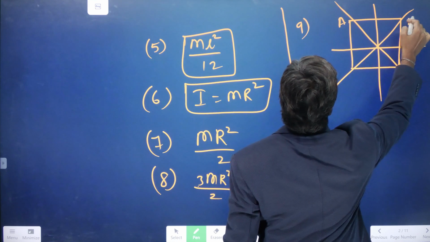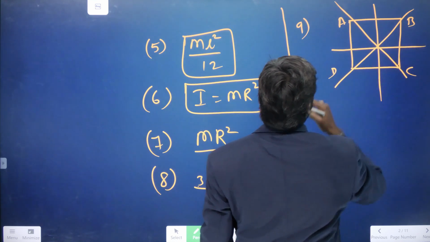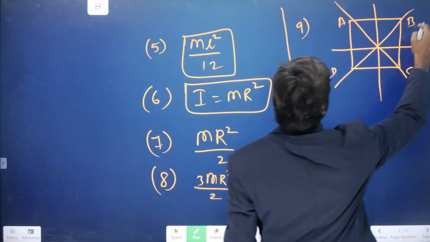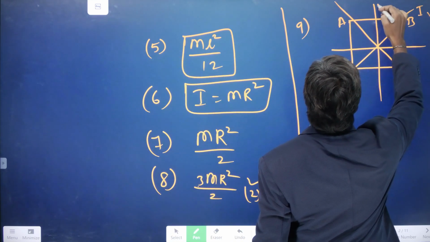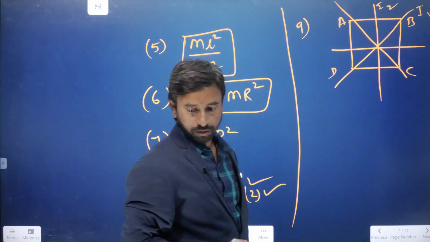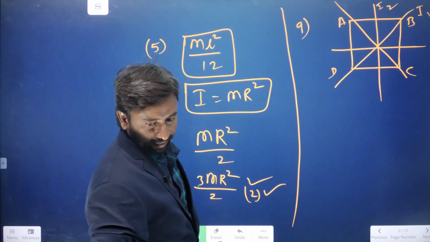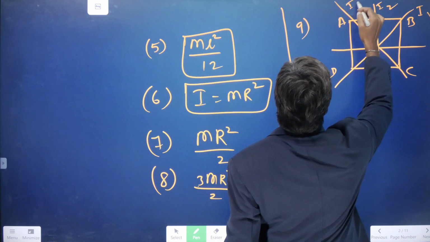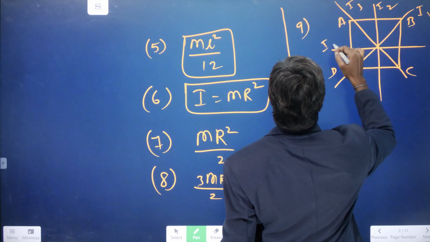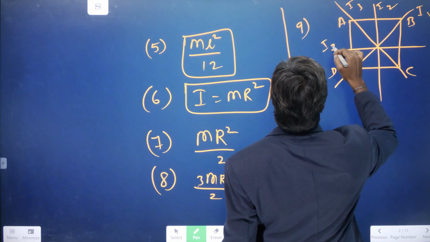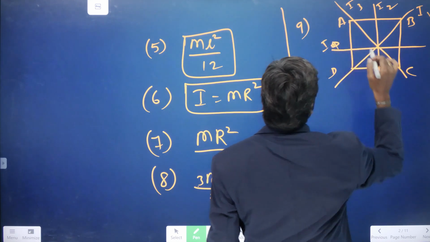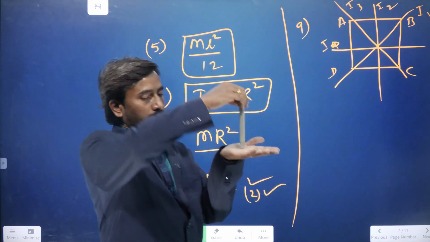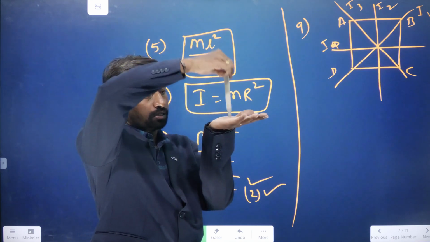This is A, B, C and D. Okay, and the moment of inertia about BC is I1, this is I2, and about the diagonals, this is I3 and this is I4 there. Okay. So now the moment of inertia about the axis perpendicular to its plane, it is passing like this then.